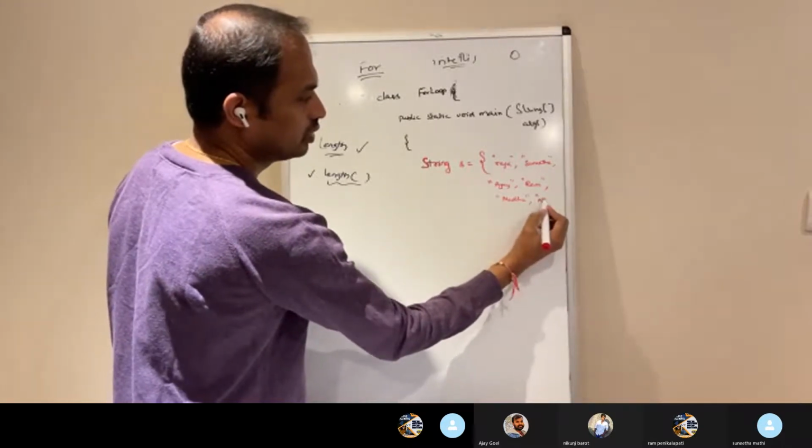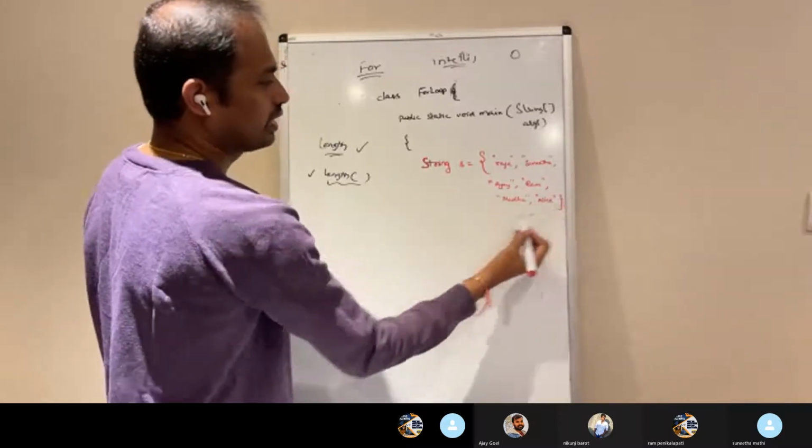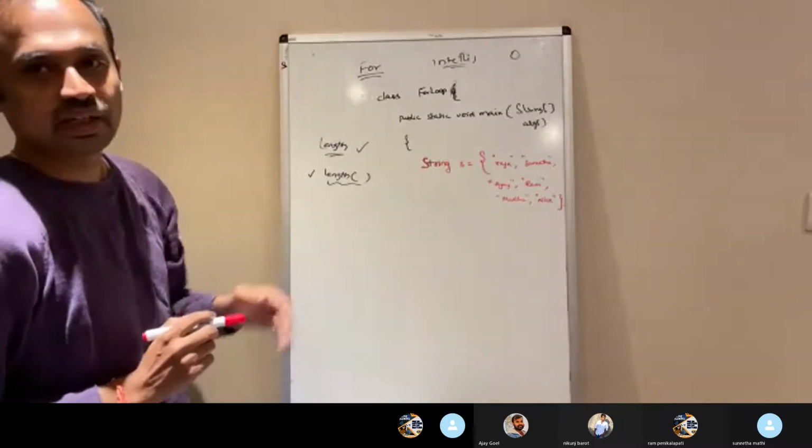Nikunj. I have given an array like this. Can you print the length of the array by using a for loop?